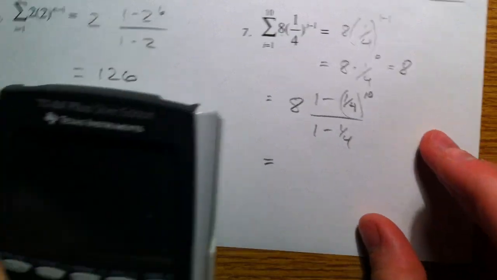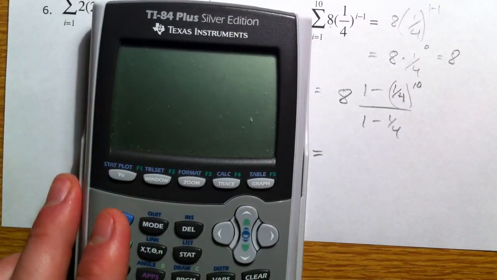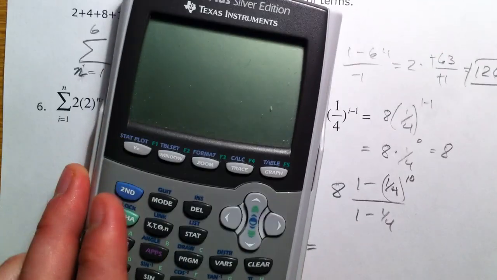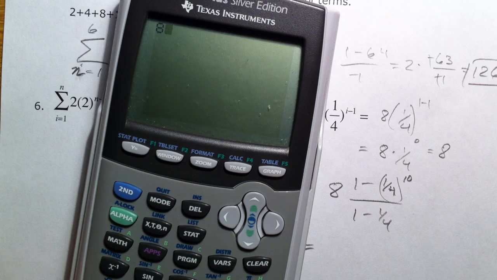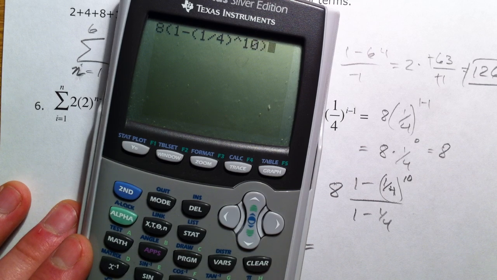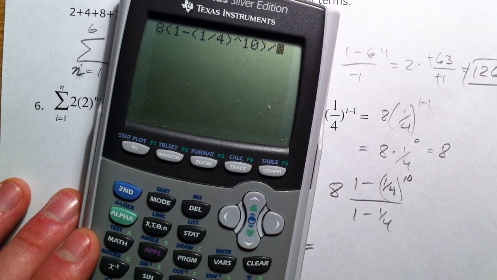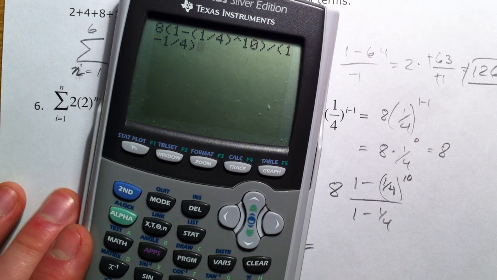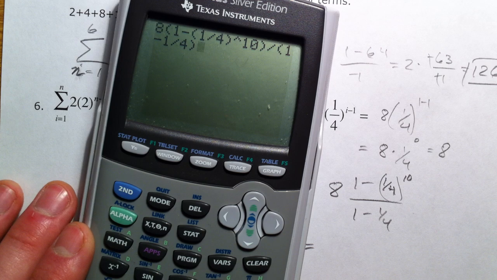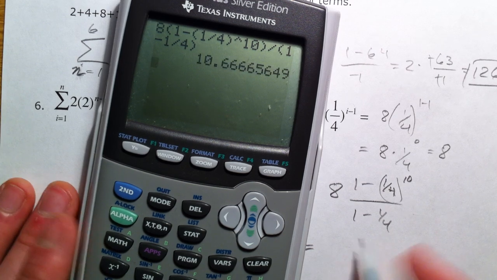I'm going to type this all into the calculator this time. 8 times 1 minus, and instead of typing in 1/4, you can type in 0.25, or type in 1/4 in parentheses like that, raised to the 10th, divided by 1 minus 1/4, and since you can do that in your head, it's negative 3/4, you're welcome to do that as well.